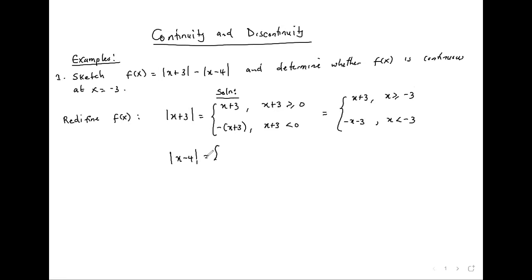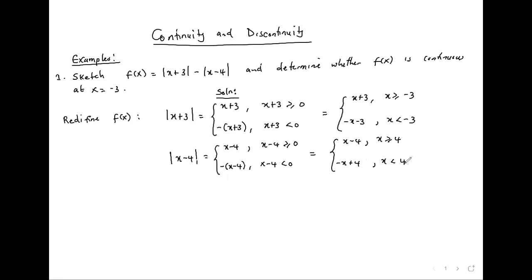This is where I had made a mistake. So x minus 4 when x minus 4 is greater than or equal to 0, and negative x minus 4 when x minus 4 is less than 0. This is the same as x minus 4 when x is greater than or equal to 4, and negative x plus 4 when x is less than 4.